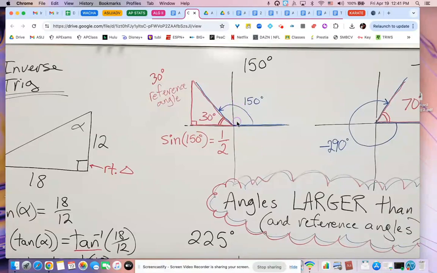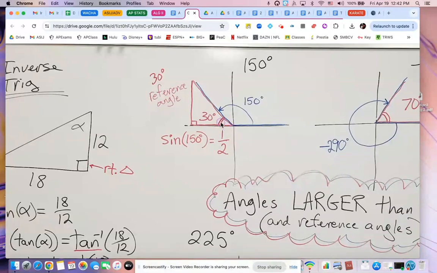So 180 degrees, take away the 150, what's left over? Well, it's 30, right? So those two together make 180. So my reference angle is 30 degrees. The angle that I see in this red triangle is 30 degrees. So when I say I want to do the sine of 150 degrees, what I'm really doing is asking myself, what's the sine of 30 degrees?